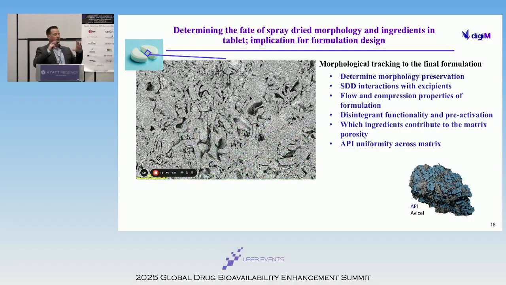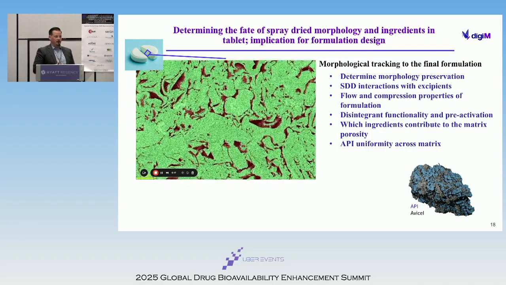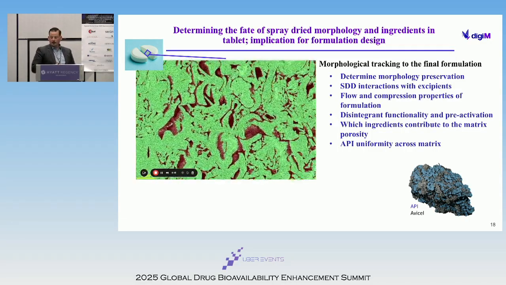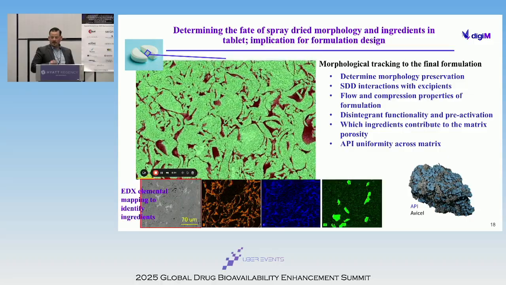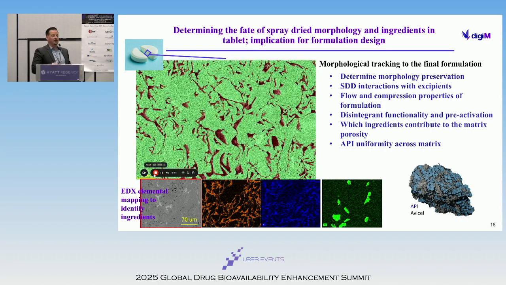We're scanning a huge cross-section of one of these tablets, and you can see very clearly these donut structures that are spray-dried particles that fully survive compaction. Even if these get completely obliterated, you still have the opportunity to put chemical mapping on top of here, and you can still get an idea of where the API actually ended up.